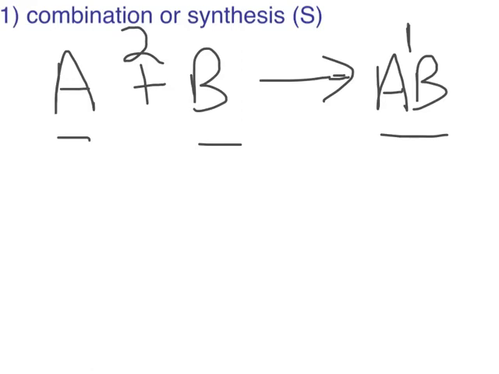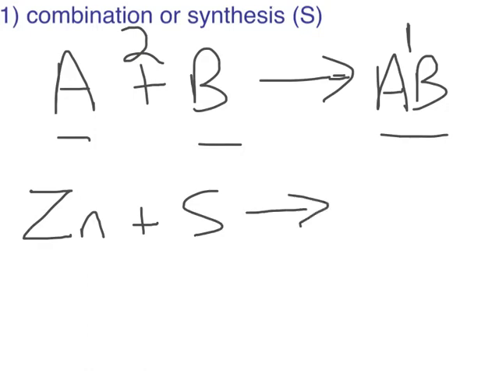Okay? So, let's just, for example, try a quick one like this. Say we have zinc plus sulfur. Okay? A plus B. What the heck am I going to get?